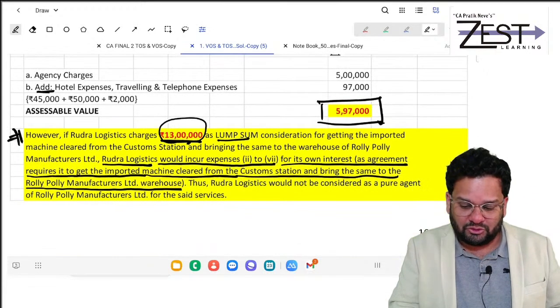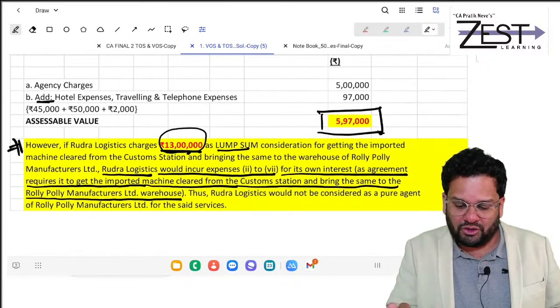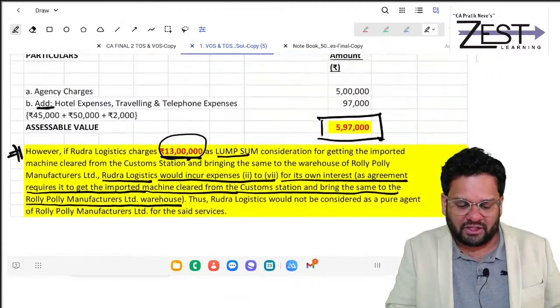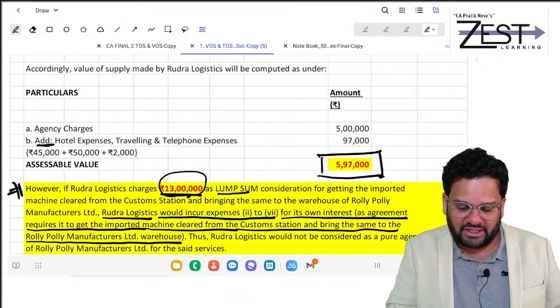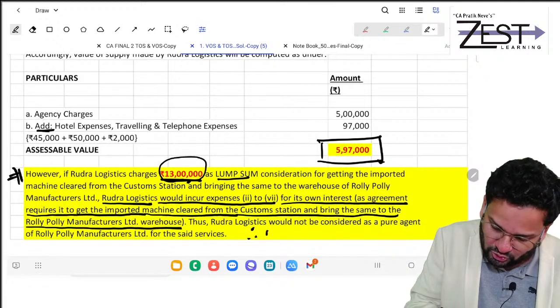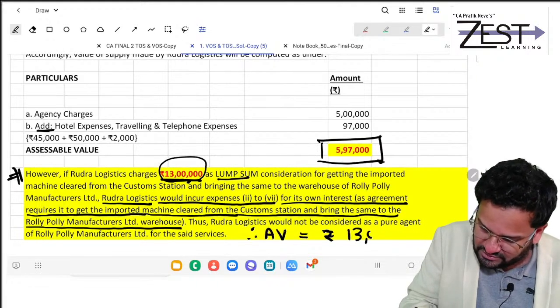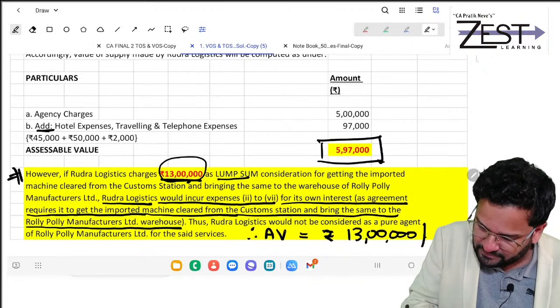Thus, Rudra Logistics would not be considered as pure agent of Rolly Poly Manufacturers Limited for the said services, and therefore the assessable value will be rupees 13 lakhs.